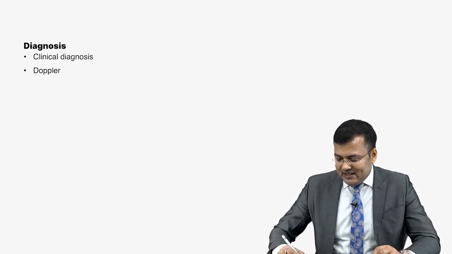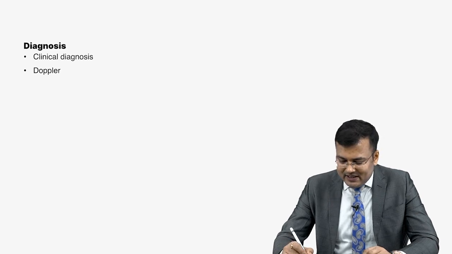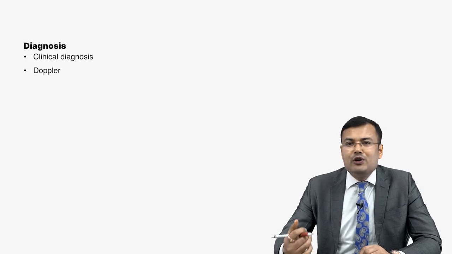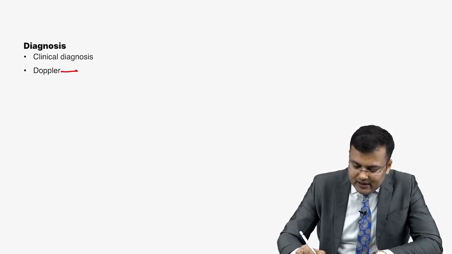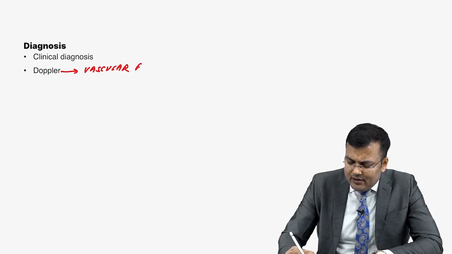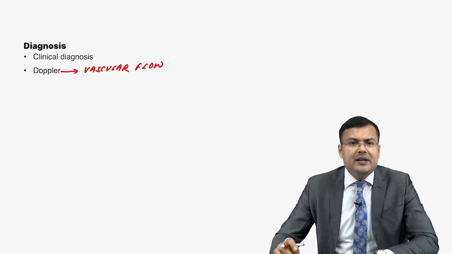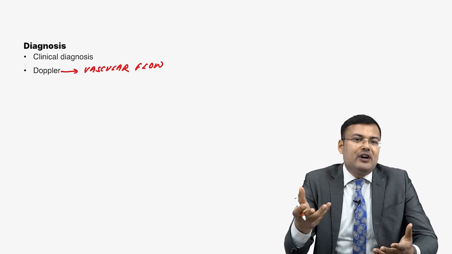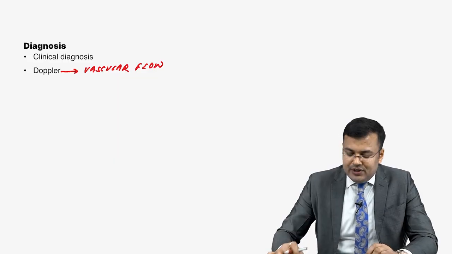In this case, how to make the diagnosis? See, in the majority of cases, we make the diagnosis clinically, but sometimes you need Doppler. Why? Because you want to assess the flow. Since we want to assess the vascular flow, that's why Doppler is required. What's the treatment? Since there is arterial occlusion, we go for a revascularization procedure.